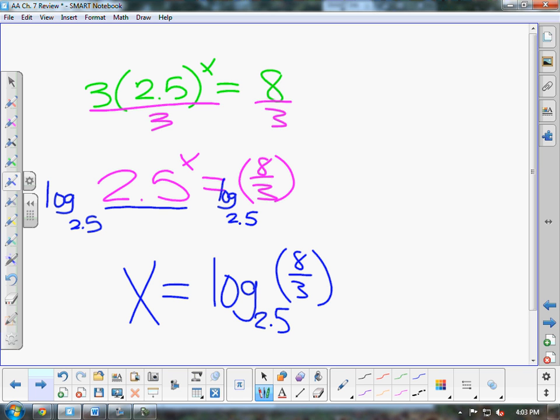And so now you would take out your handy dandy calculator and you would put in log of 8/3 divided by log 2.5. And you will get x is approximately equal to 1.0704.